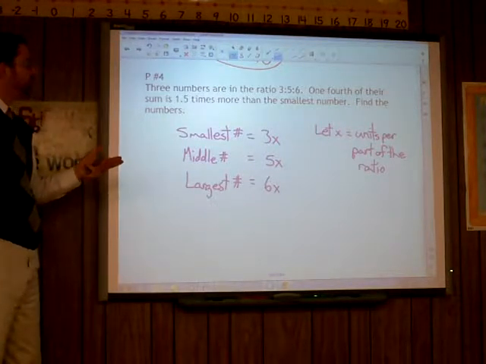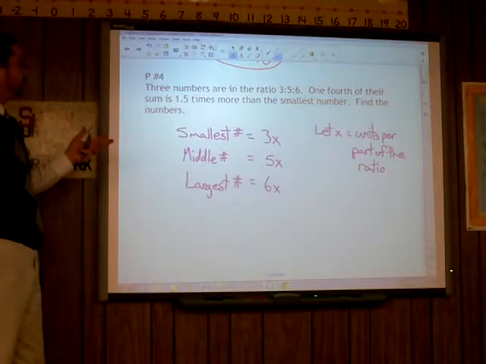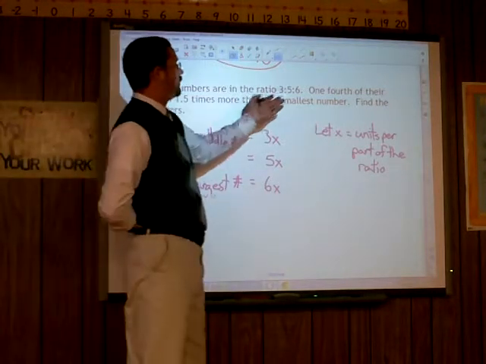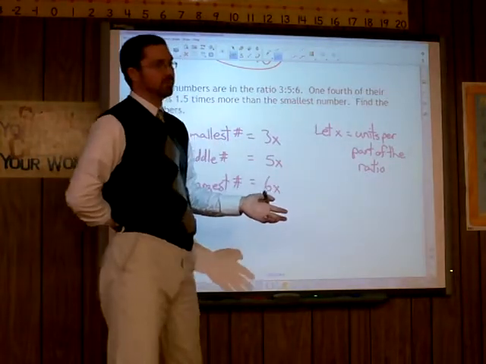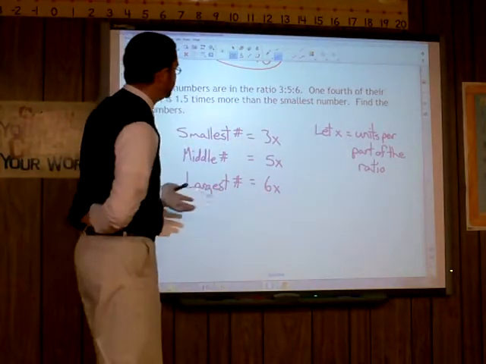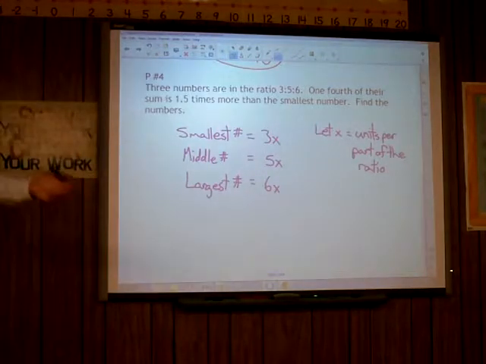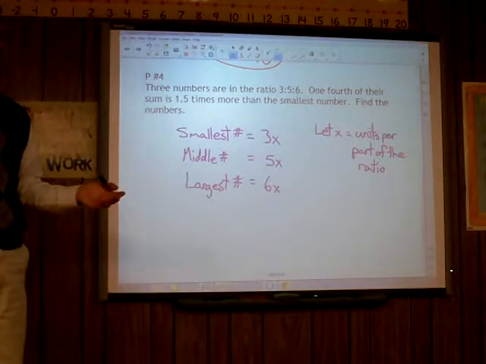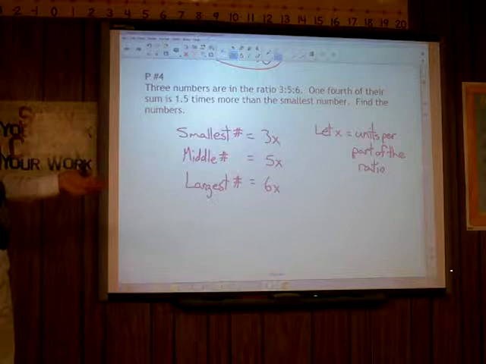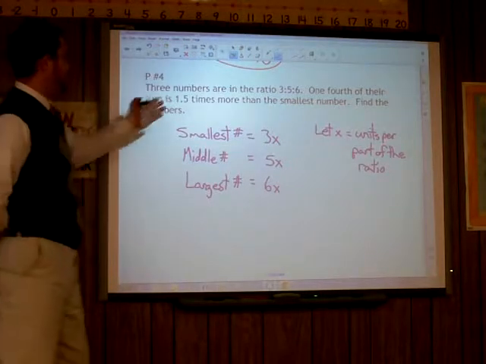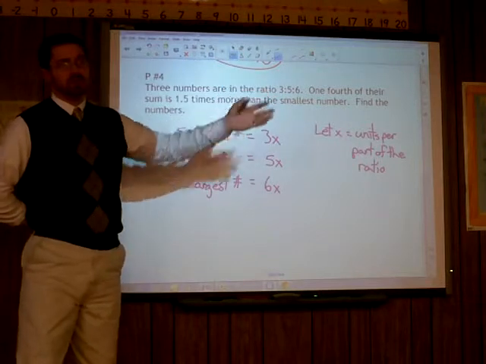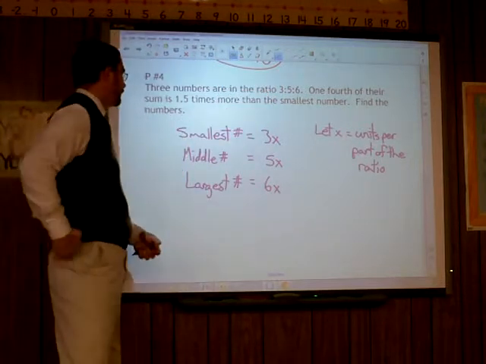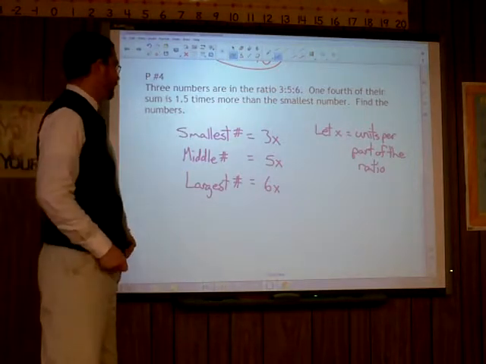The sum of those would be 14. 1/4 of 14 would be 3.5. Well, 3.5 is not 1.5 times as big as 3. Okay, so we need to figure out what the actual numbers are.